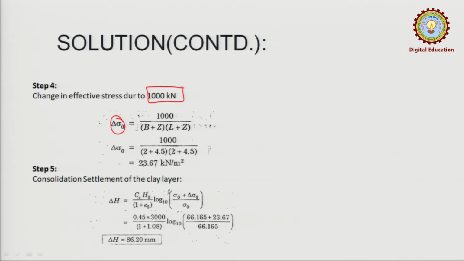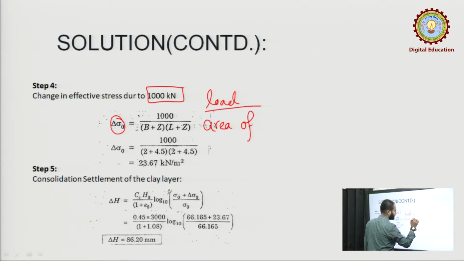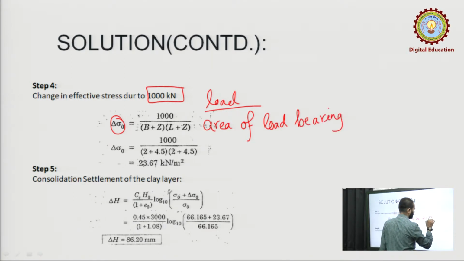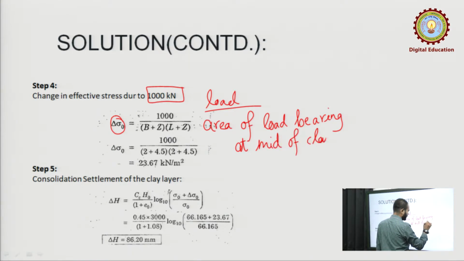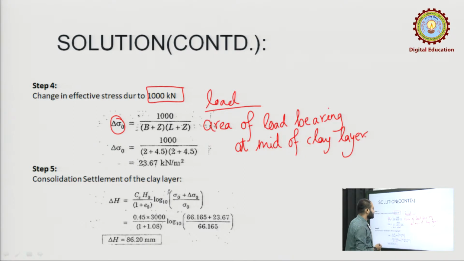I told you what will be the formula: load upon area of load bearing at mid of clay layer. So, we will be calculating first of all load, you already know, this part we have to calculate.